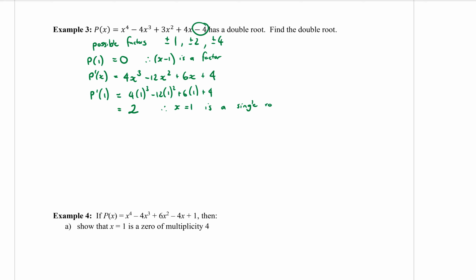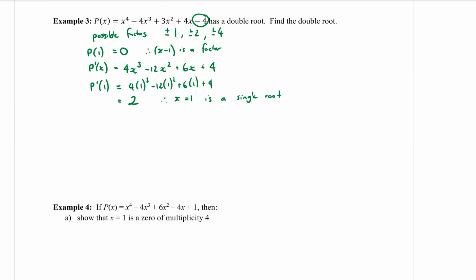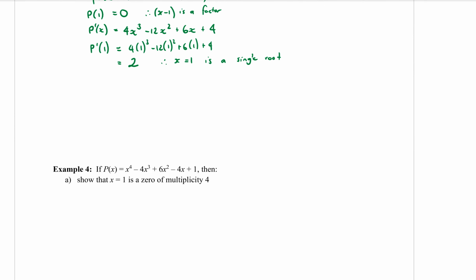So I found a root, but it was only a single. I'm looking for a double. So I would go to my next possibility. What about p of minus 1? If I sub that in, yes, I get 0. If I sub it into my derivative, it does not equal 0 again, which means that it is a single root as well.